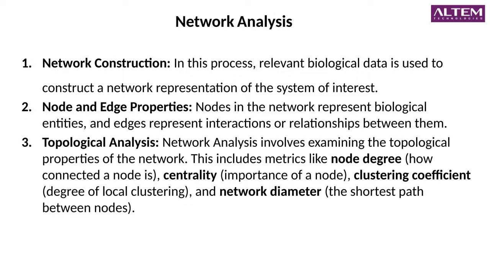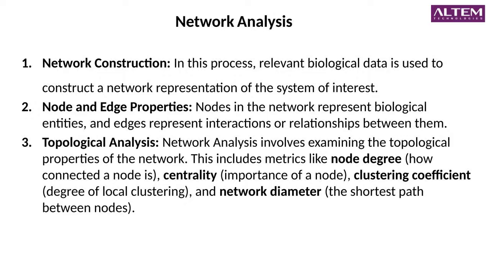In this process we get the relevant biological data to construct a network, and then once constructed we perform topological analysis to understand the network properties, like, for example, node degree, which is the number of connections a node has. High degree nodes may indicate crucial targets.